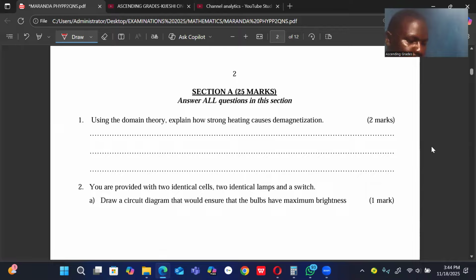You're told in the first question that you need to explain using the domain theory. Explain how strong heating causes demagnetization.